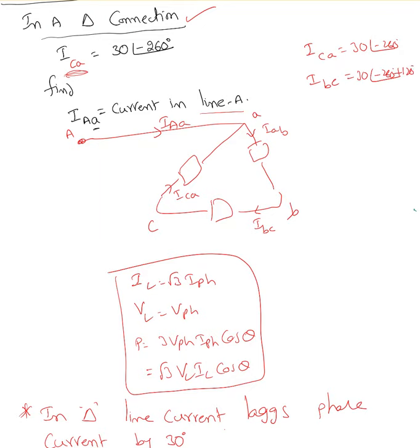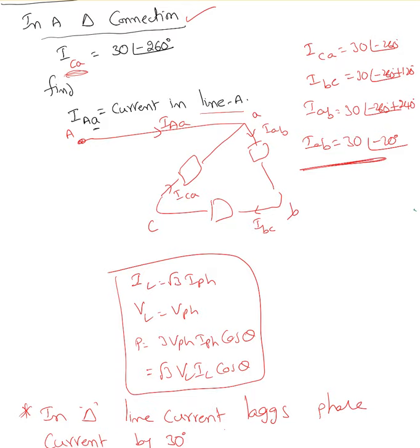And IAB equal to 30 at an angle of minus 260 plus 240. So basically I end up with IAB equal to 30 at an angle of minus 20 degrees.